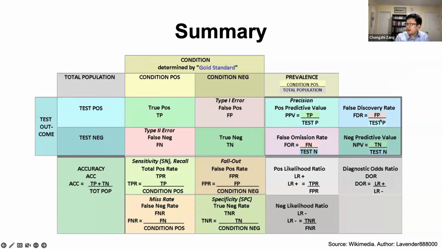The false discovery rate is the false positives divided by everything the test called positive. Among all the ones that a test reported, what percentage of them are false positives? That's the false discovery rate.